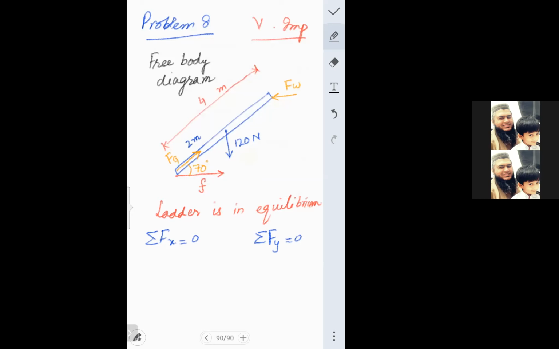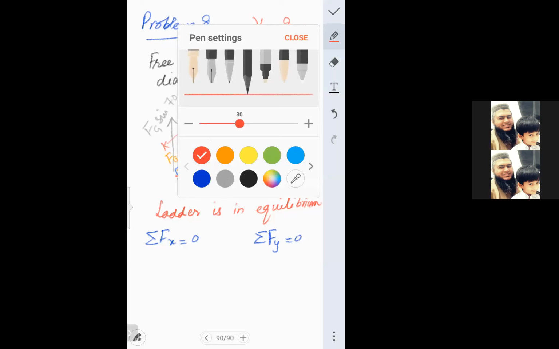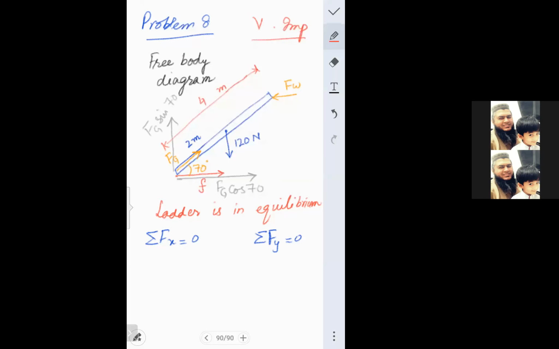So we say that the x component, or the horizontal component, of Fg is Fg cos 70, and the vertical component of Fg is Fg sin 70. So now the sum of all forces in x direction is 0.